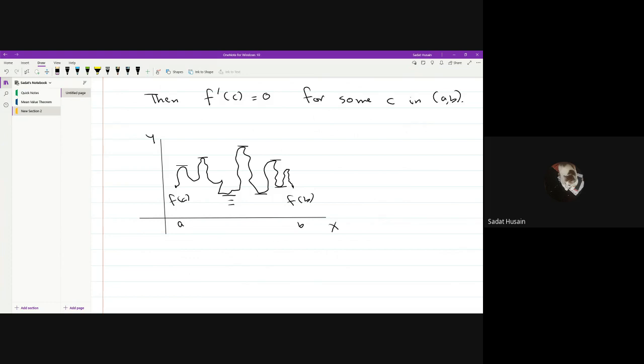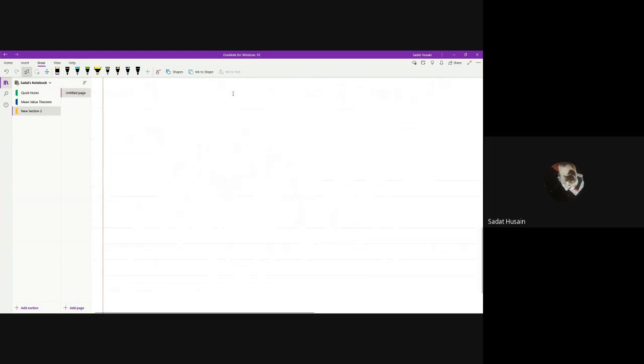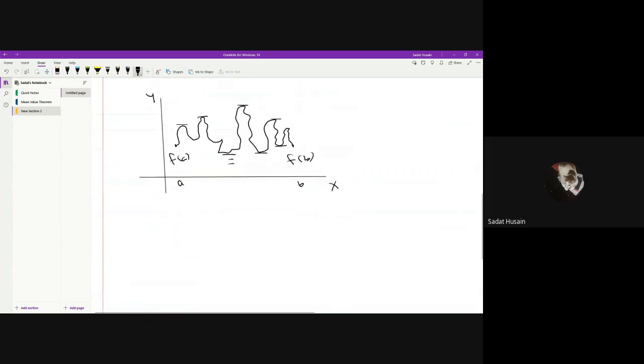The theorem is basically saying that something starts at one place and ends at the same place. Then what do we expect? Either the path was a straight line, constant for example.